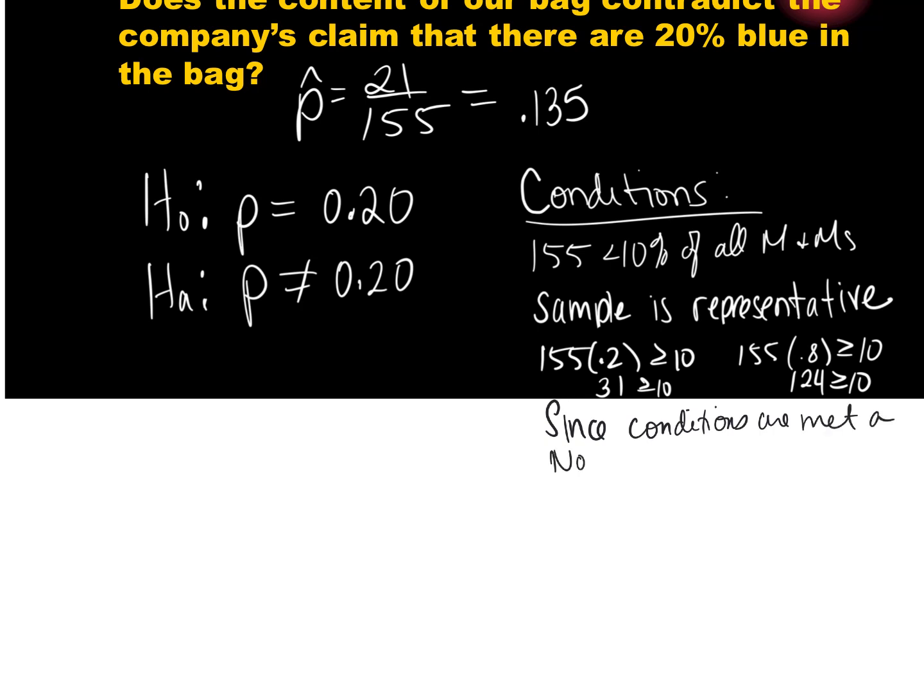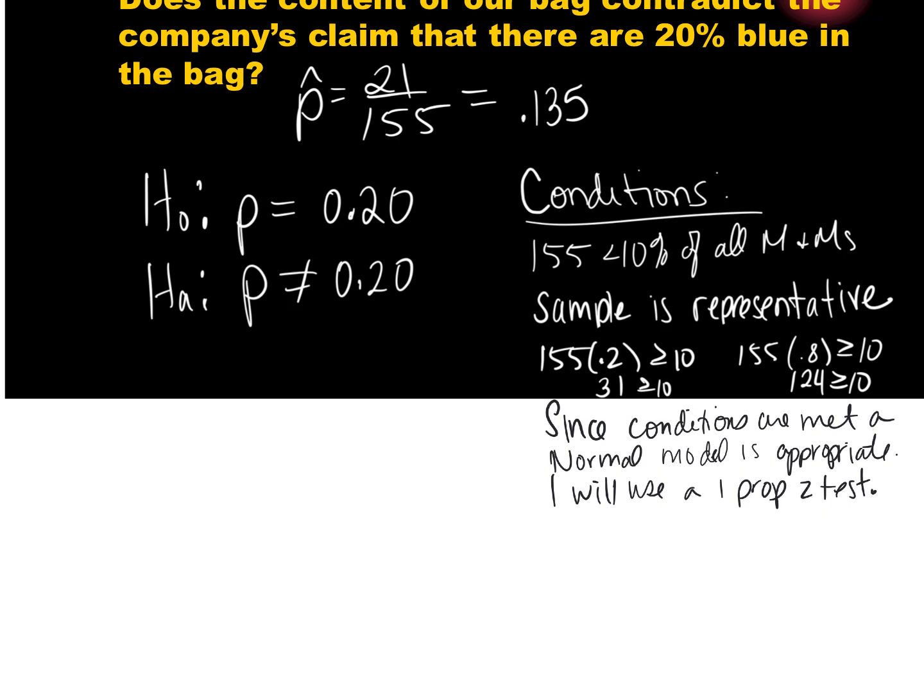A normal model is appropriate. I will use a one proportion z-test. I can abbreviate it one prop z-test. And the other one you use is the one prop z-interval.